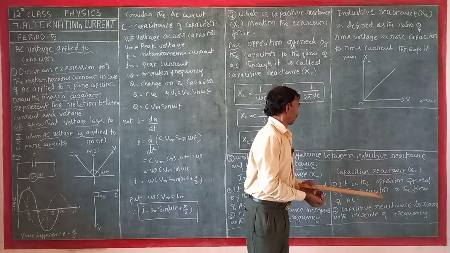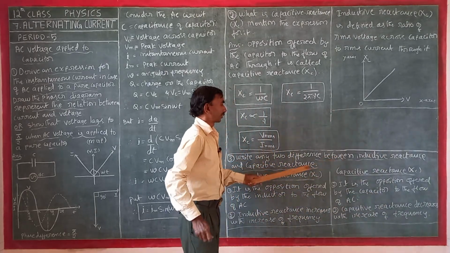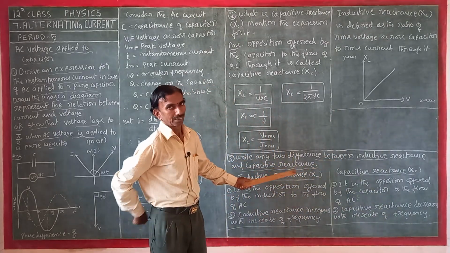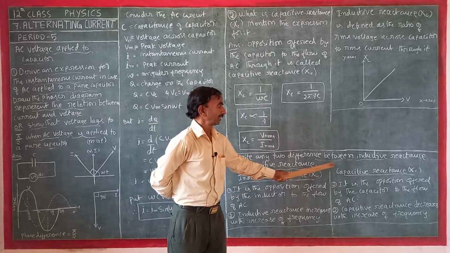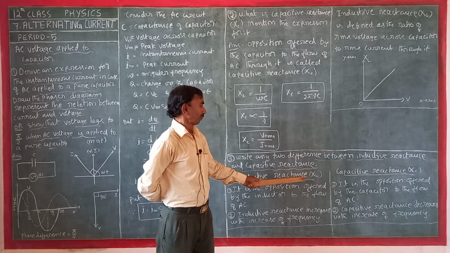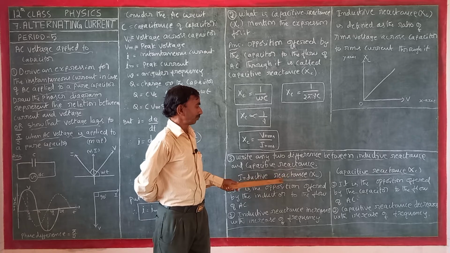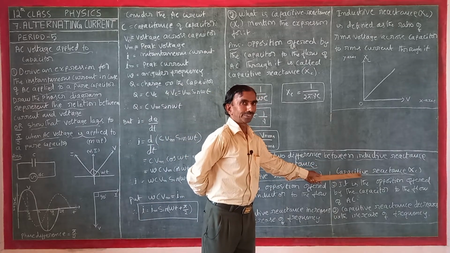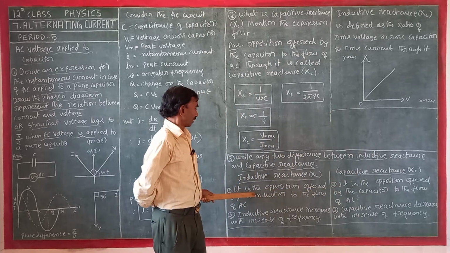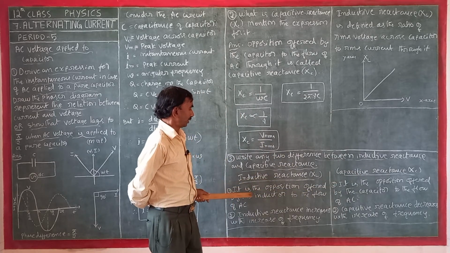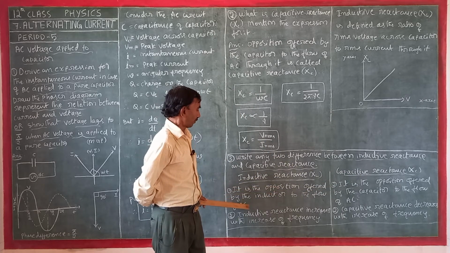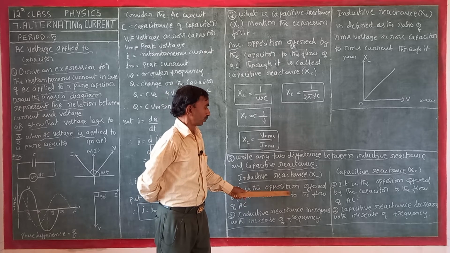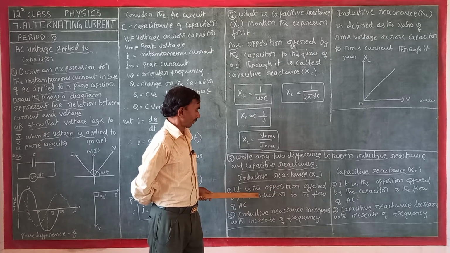Next one: what is the difference between inductive reactance and capacitive reactance? XL means a coil is connected, and XC means a capacitor is connected. Inductive reactance is the opposition offered by the inductor to the flow of AC.